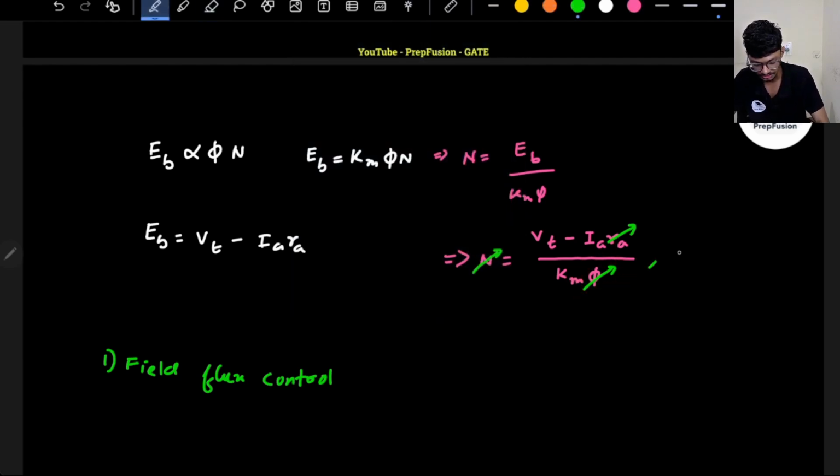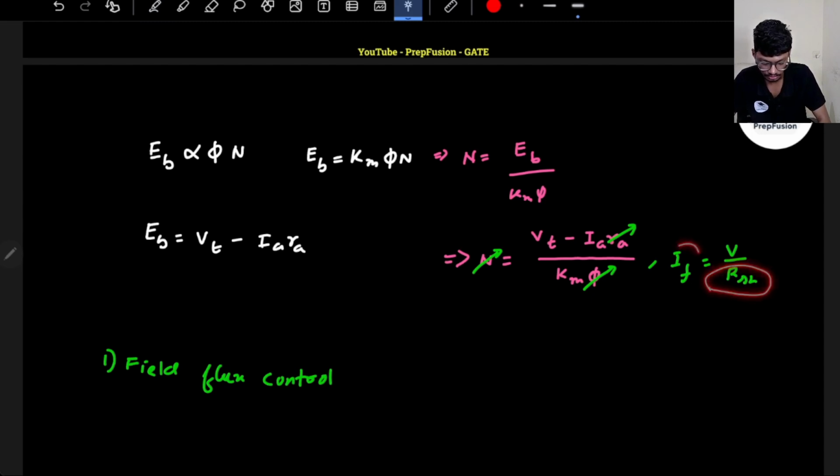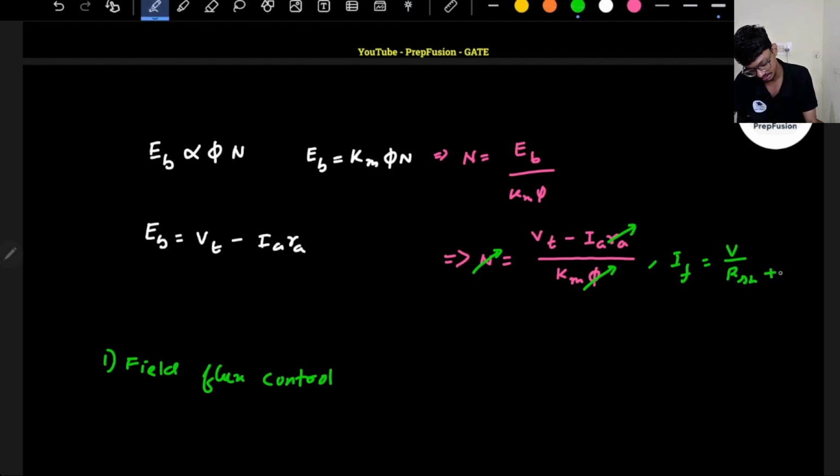Because I know the shunt current, or the field current, is V upon Rsh, and if Rsh is varied, then the field current also will be varied. Although the winding resistance is the same, I will connect an external resistance, R external, that will vary.